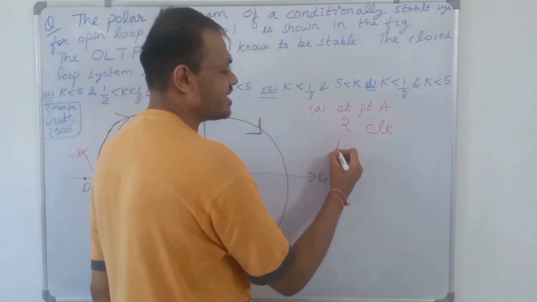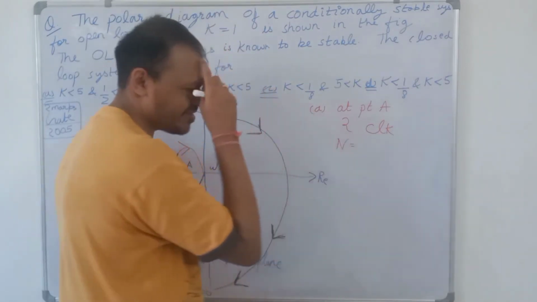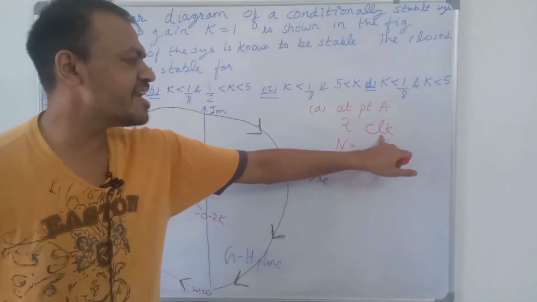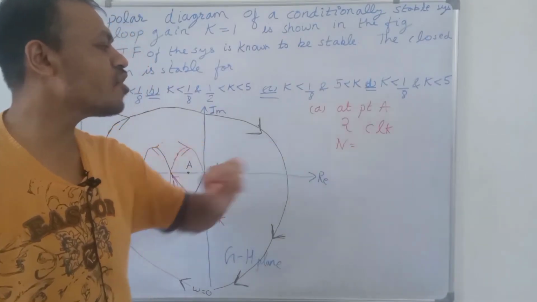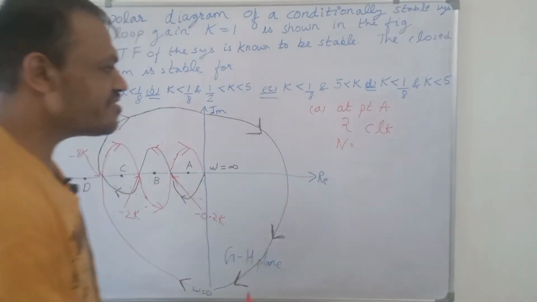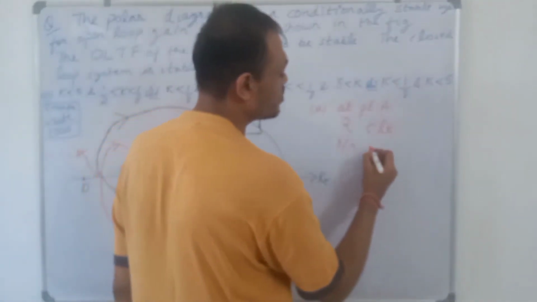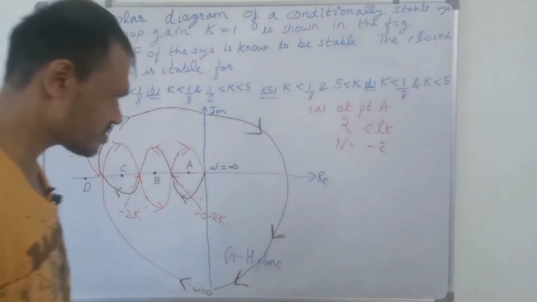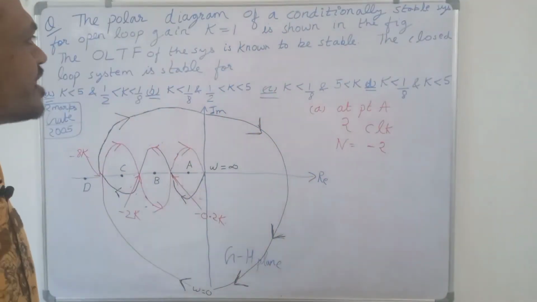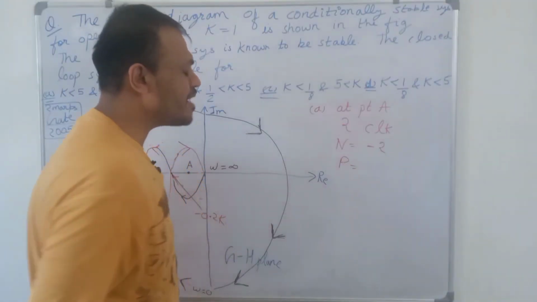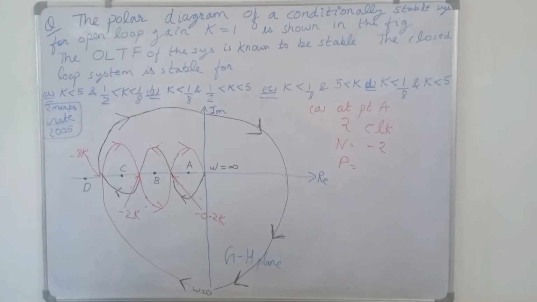In our Nyquist stability criterion, N was given as the number of encirclements of the critical point in anti-clockwise direction, but here we have 2 in clockwise direction. So we have to write it as minus 2, because these are in clockwise. So N equal to minus 2, and P is the number of poles of the open loop transfer function in the right hand side.